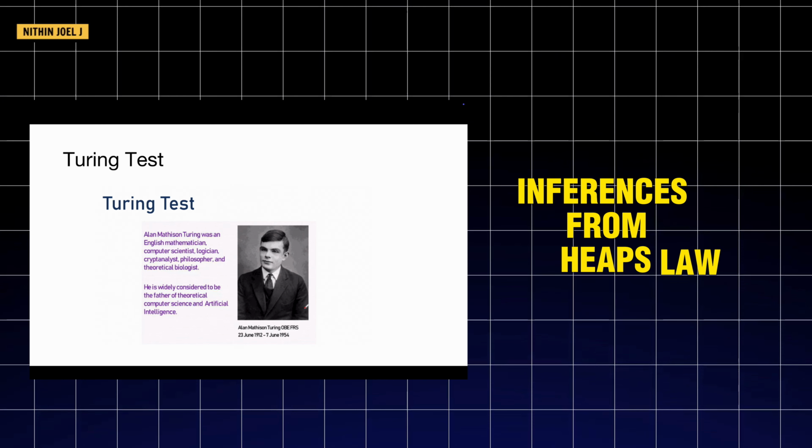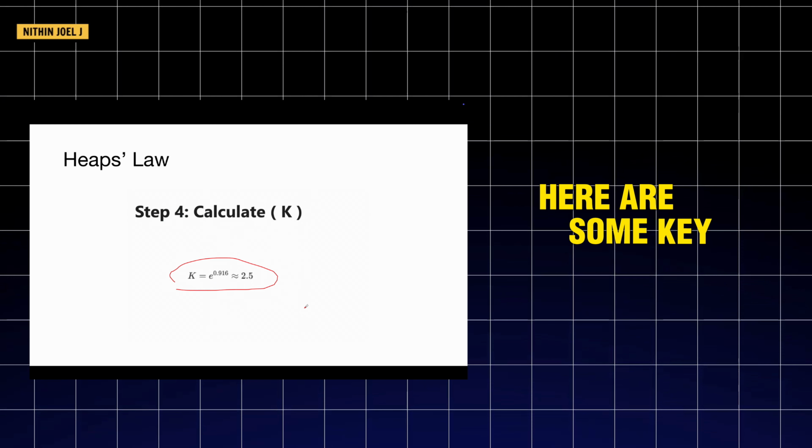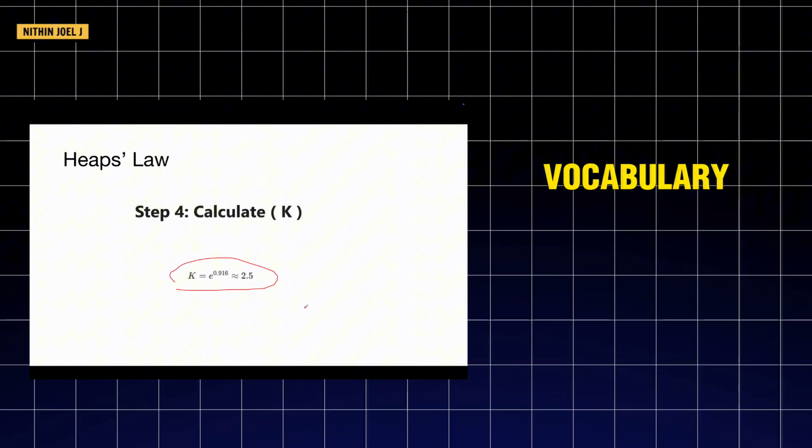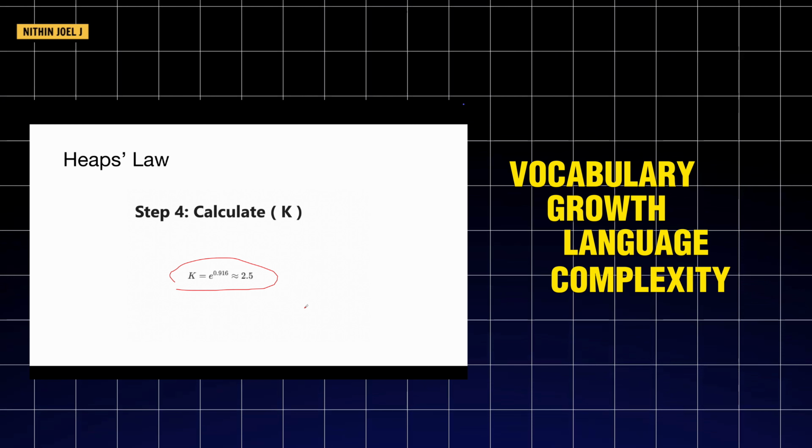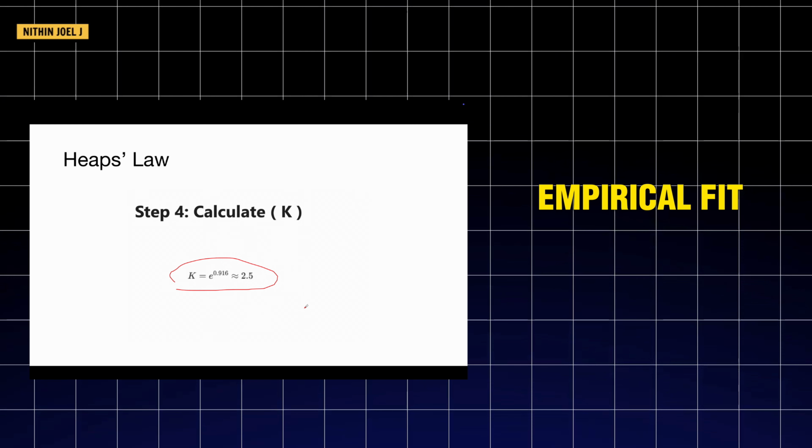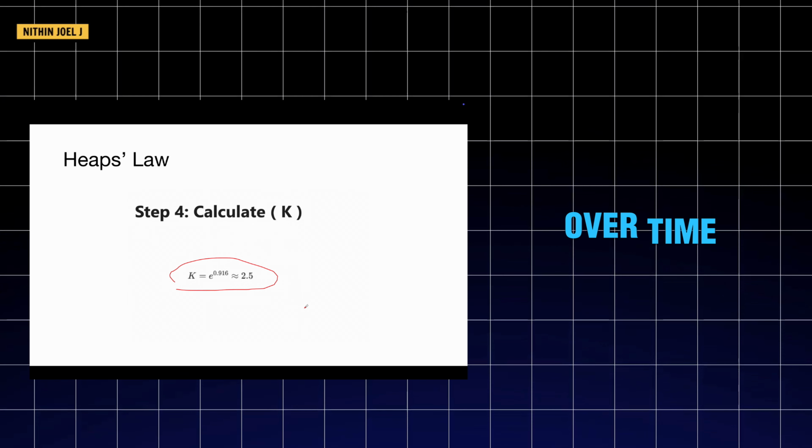Inferences from Heaps' Law. Here are some key insights: vocabulary growth, language complexity, empirical fit, and k as a scaling factor. Vocabulary growth: new words keep coming but slower over time. Language complexity: natural language has a lot of repetition.